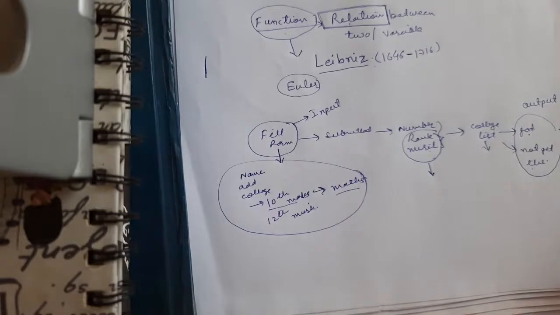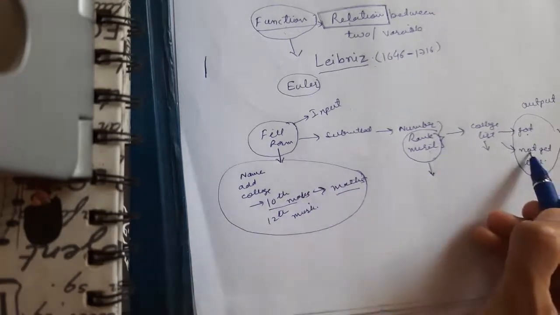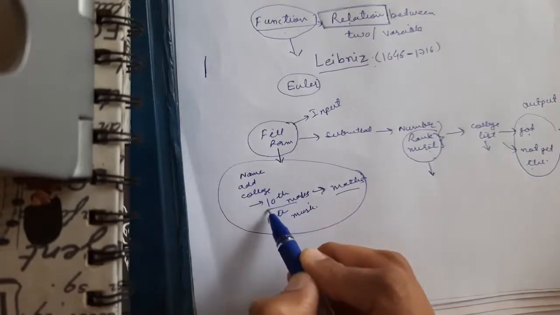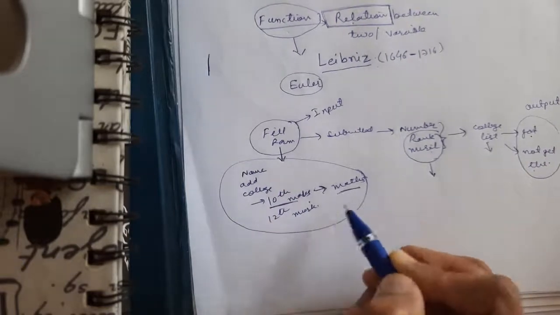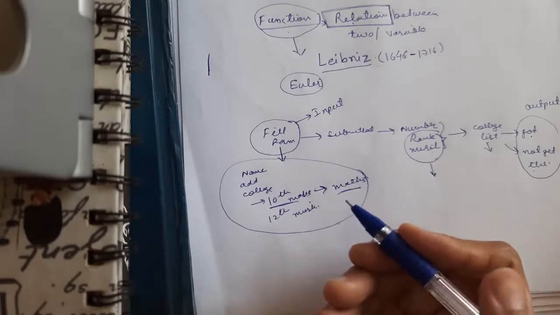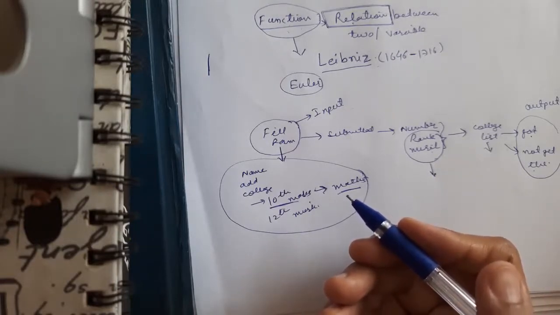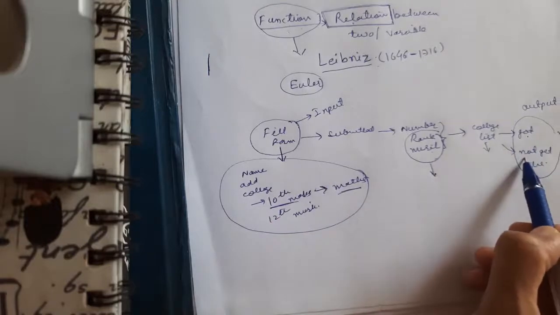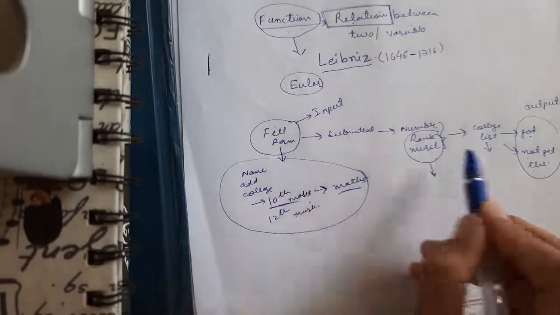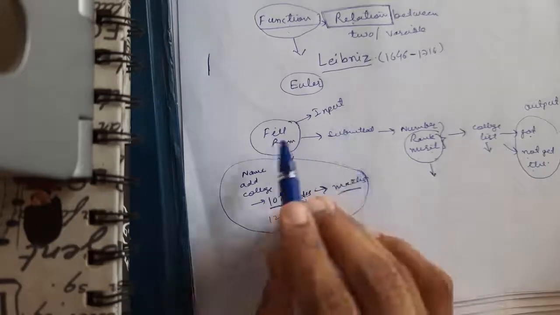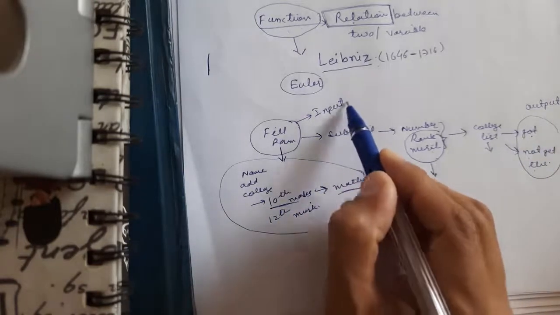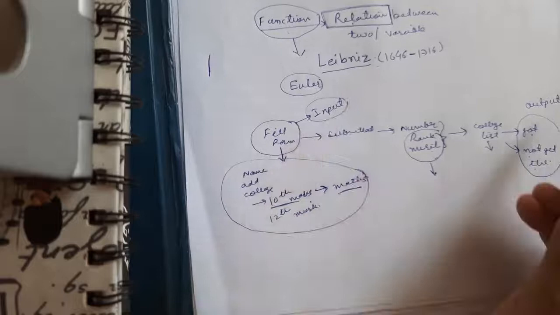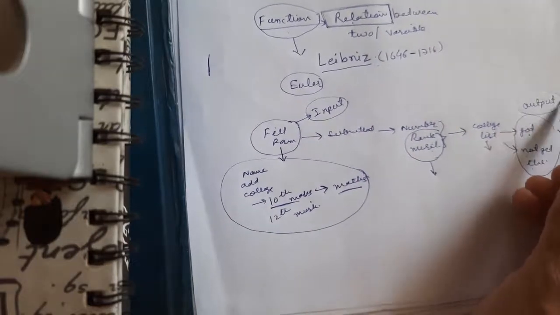This output depends on these inputs, right? It depends on your 10th marks, your maths marks, whether you are male or female, where you are from, Maharashtrian or non-Maharashtrian, all this information. So this is a good example of a function. A function is a relationship where you feed something as input and you get one output.